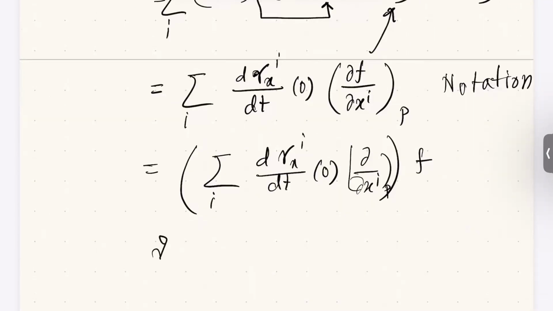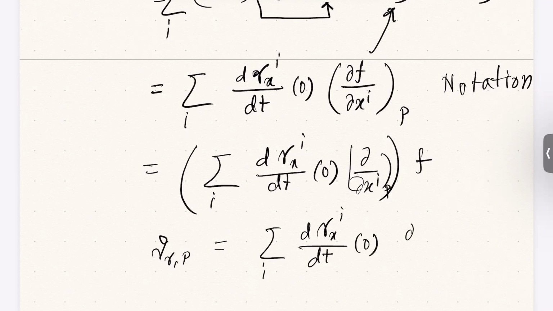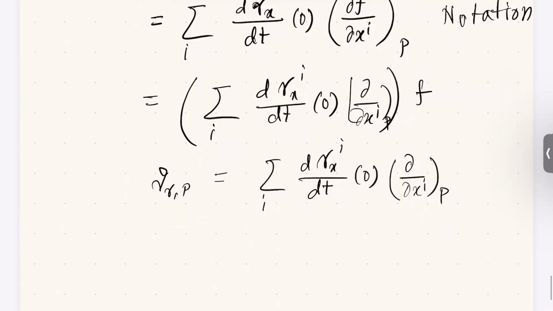Hence, v_γ,p is basically the summation over i of dγ^i_x/dt(0) times ∂/∂x^i at p. This is the velocity. And this is what? This is something like a number, right?